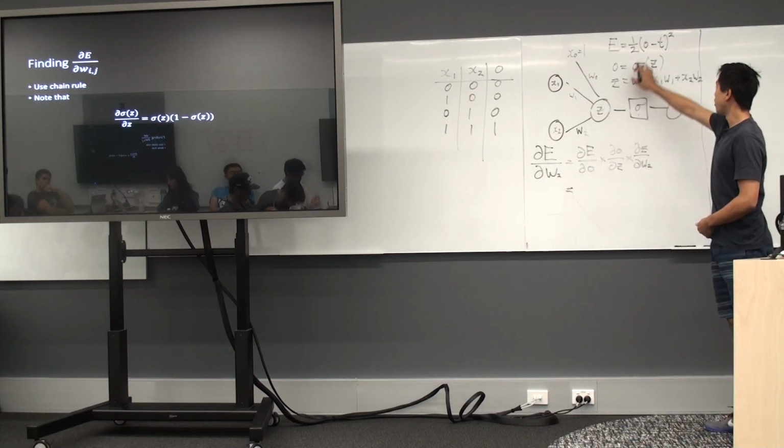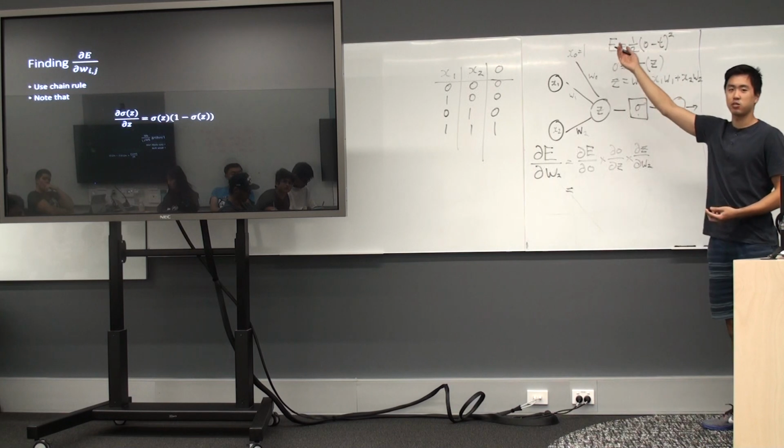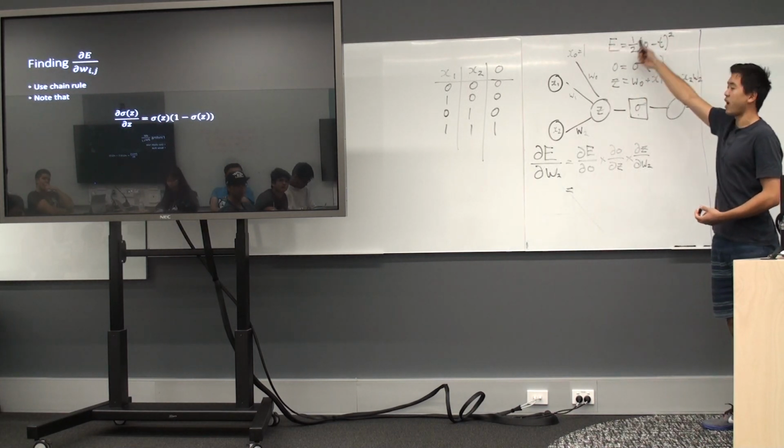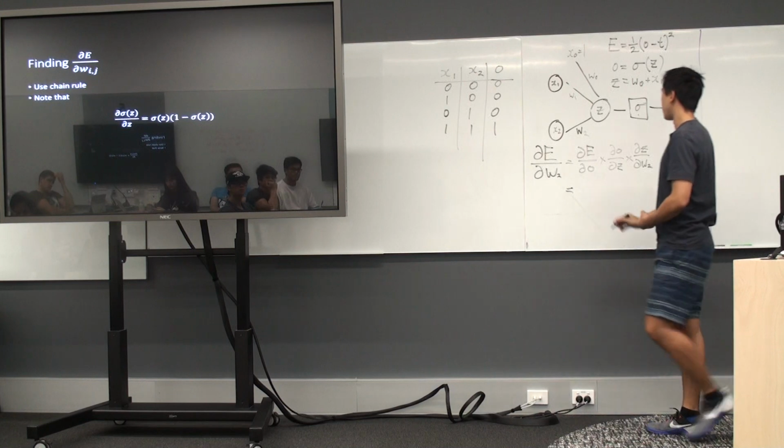What's dE/dO? This is why I put the half here: when I bring the power down, it becomes just O minus T.